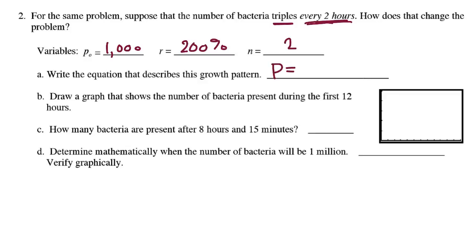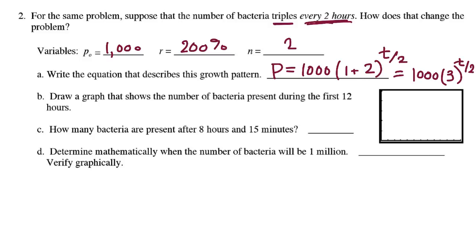So when we go through and write the equation that describes this growth pattern, we're going to have the population equals 1,000 times 1 plus 2, because that's going to be our 200%. And now this time we're going to have our time divided by the number of times it happens, which is going to be 2. So again, we can reduce this down to 1,000 times 3 raised to the t over 2.